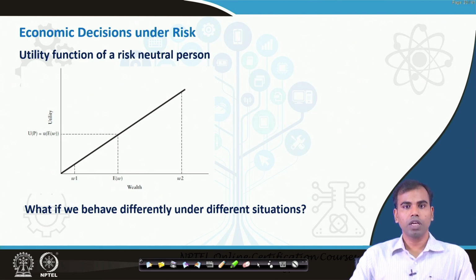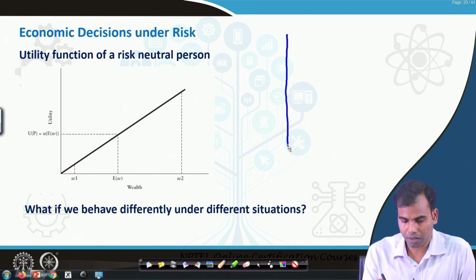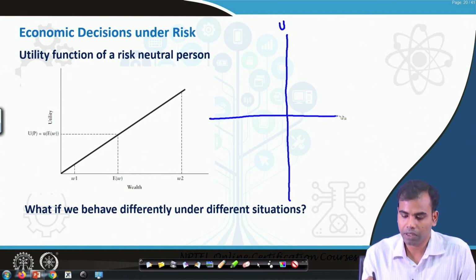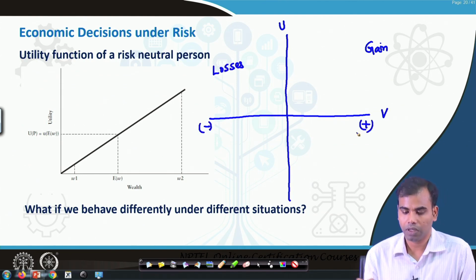This can be shown with the help of a combined graph, where I can take clues from the research done by Daniel Kahneman and Amos Tversky. So, if this is my utility line and this is the wealth or value line, this particular zone is for gains, whereas this is for losses, which means the value will be negative here and positive here.